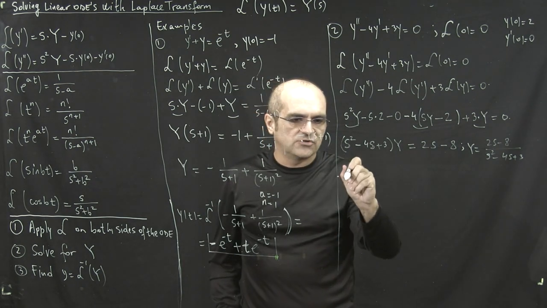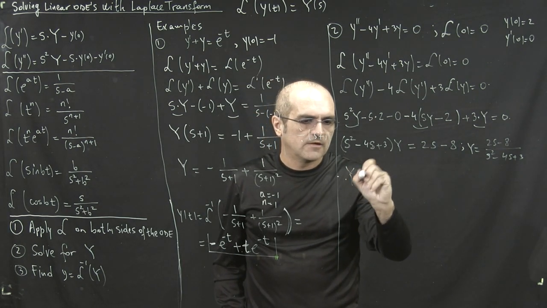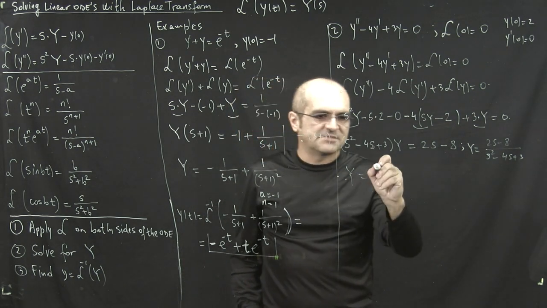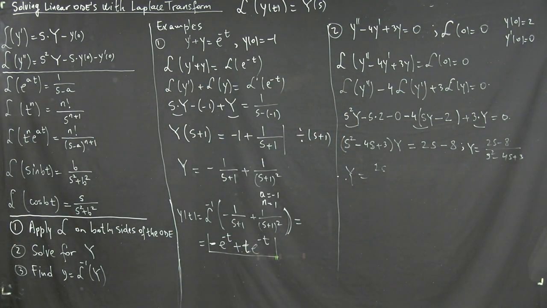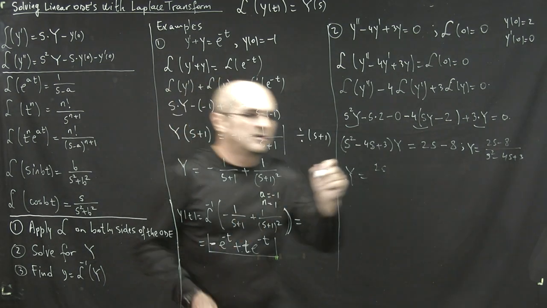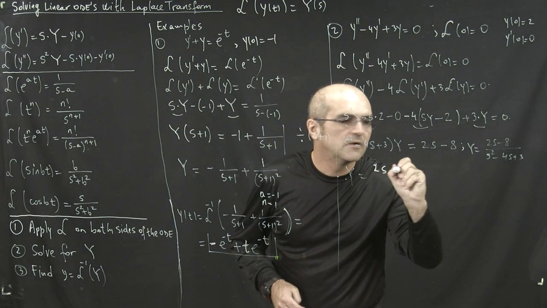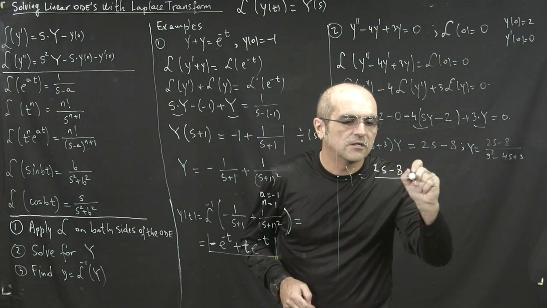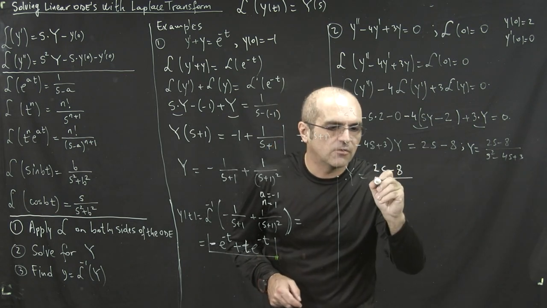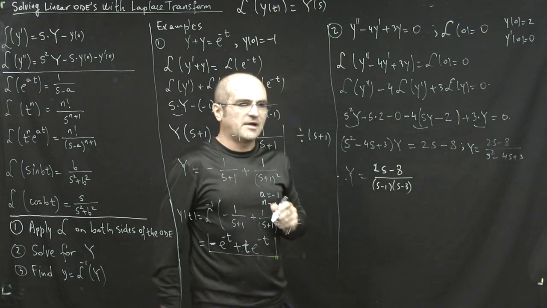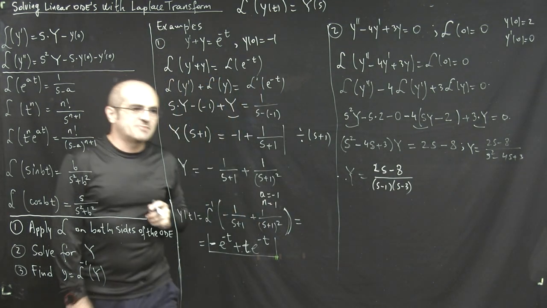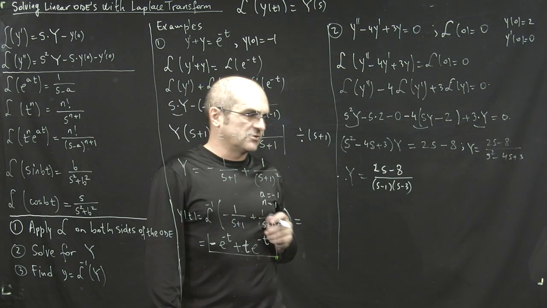Alright, this factors into 2s minus 8 over s minus 1, s minus 3. I think the other pen is almost over. I wish it had an indicator. So 2s minus 8 over s minus 1 times s minus 3.